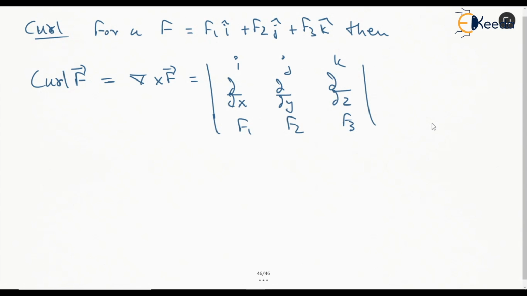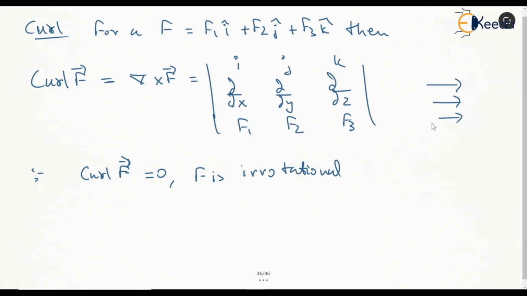Also, if we have curl of any field equal to 0, then we say F is said to be irrotational. So a linear movement is having zero curl, or you can say it is not having any rotational movement.